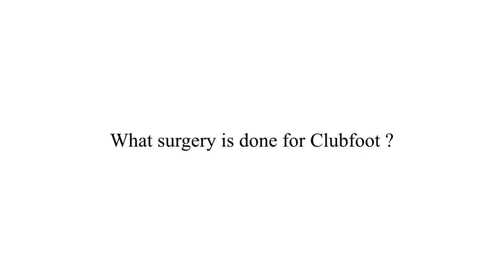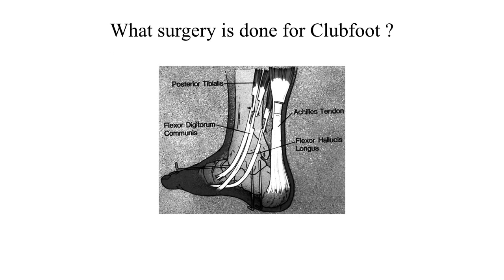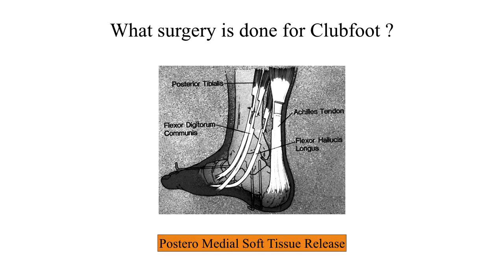In cases which are resistant to serial manipulation and casting, what surgery is done for clubfoot? And the magic word is yes, PMSTR, or in other words, posteromedial soft tissue release. You release all the soft tissues present in the posteromedial quadrant, which includes the tibialis posterior, flexor digitorum longus, flexor hallucis longus, tendo-Achilles.